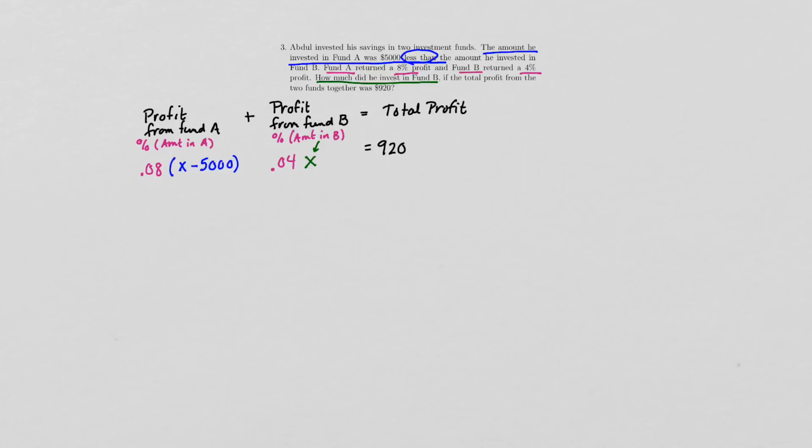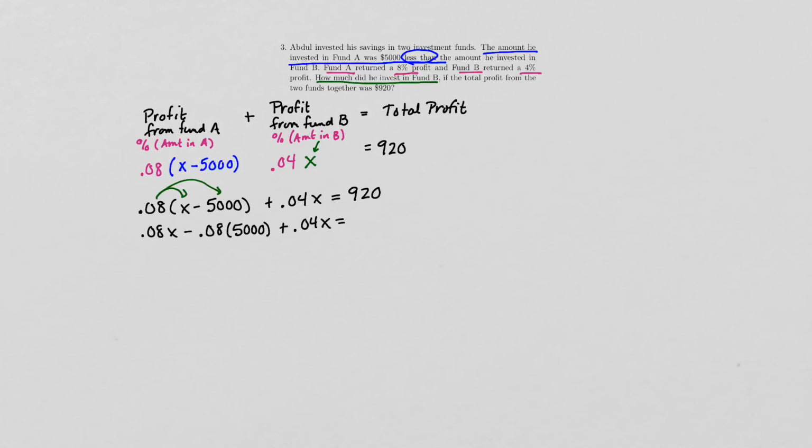So if I write down the equation we have 0.08 times (X minus 5,000) plus 0.04X equals 920. We're going to take this 0.08 and distribute it. So we're going to have 0.08X minus 0.08 times 5,000 plus 0.04X equals 920.